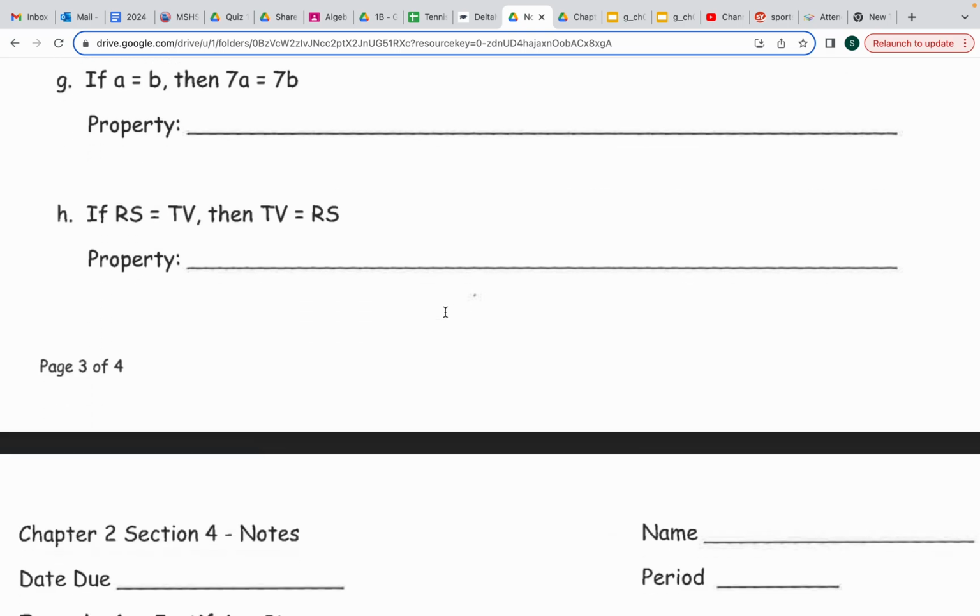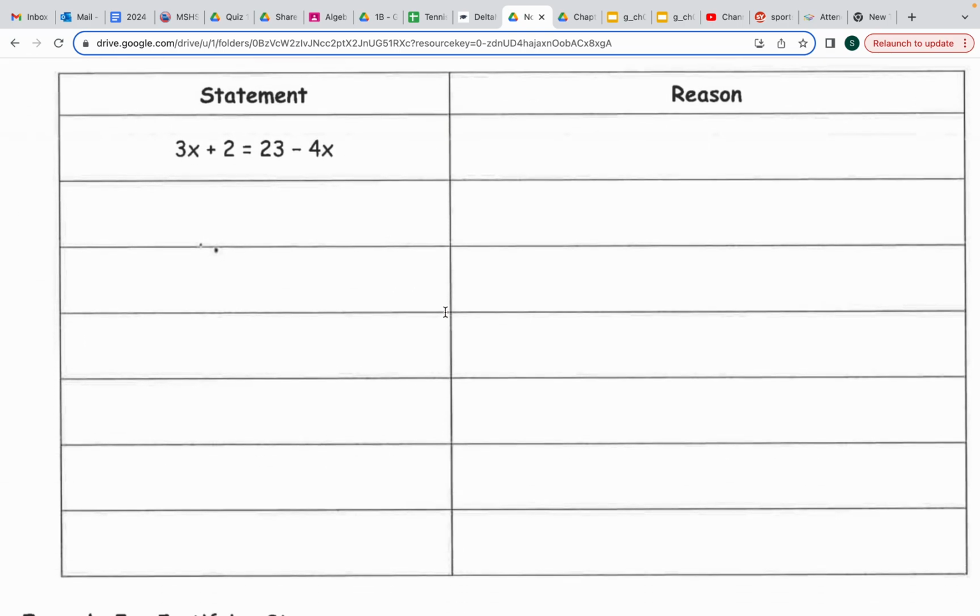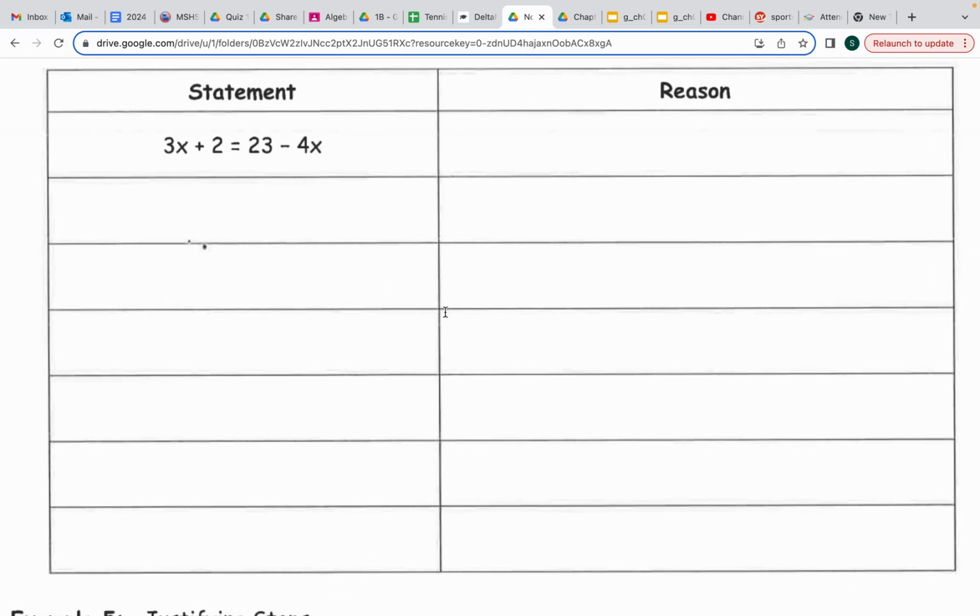All right, I want you to look at this one and try this one on your own. Now, understand, it has a lot of boxes, okay, but don't pay attention to the boxes, because that's the simplifying, that's what all the boxes are for. But solve it and do it with the statements and reasons, and then we will look at this one together, okay?